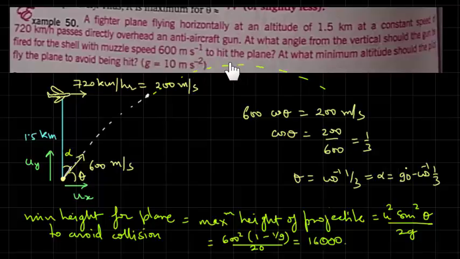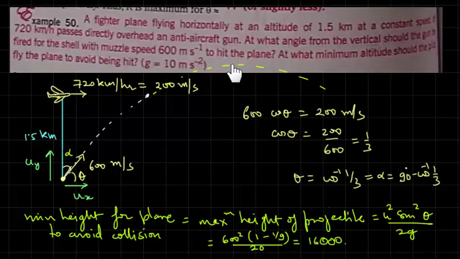But if the plane is flying higher at this height, then it doesn't matter whatever angle the gun is mounted at, the plane will never be hit. Actually the angle has to be this alpha only, but at angle alpha this is the maximum height the shell can reach. So if the plane is above this height, then it cannot be hit.